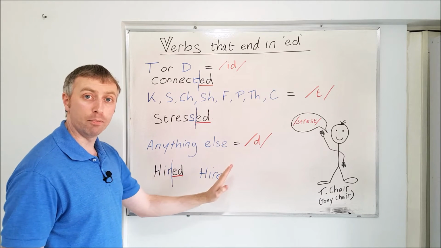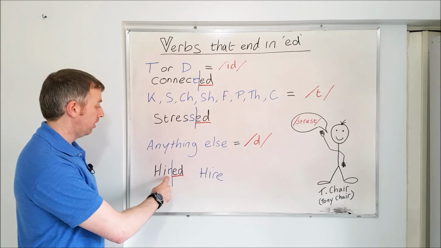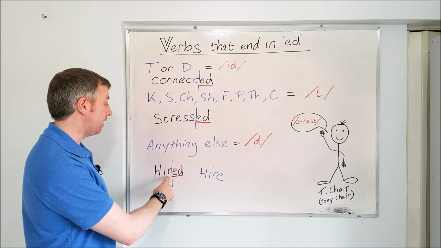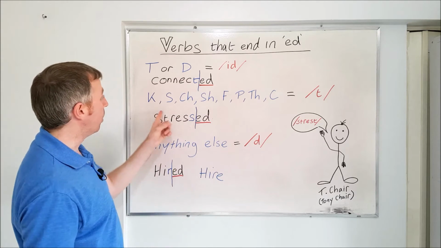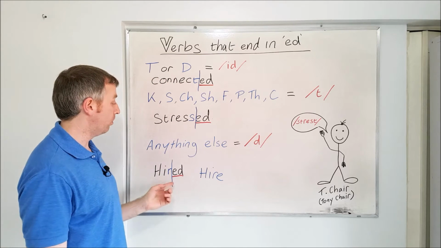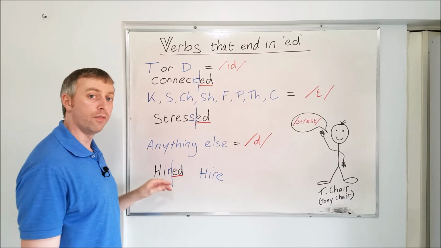So we need to take both of those away, and we are going to focus now on the R, the letter before the ED. So R is amongst our "anything else". It's not a T, it's not a D. So therefore it has got to be a D sound. Hired, hired.